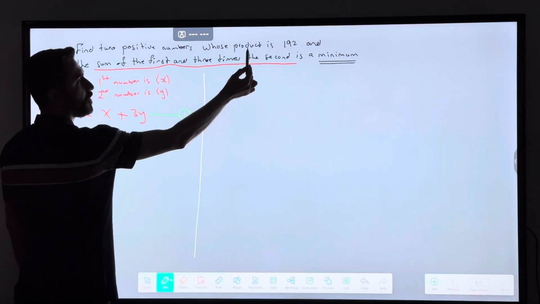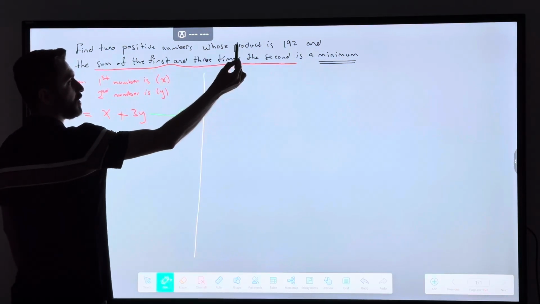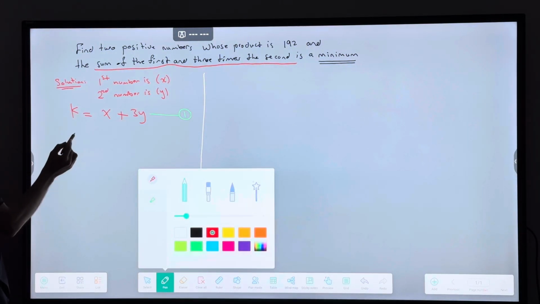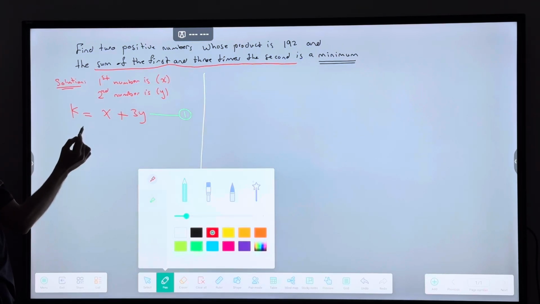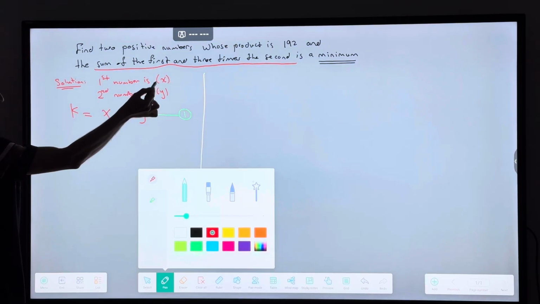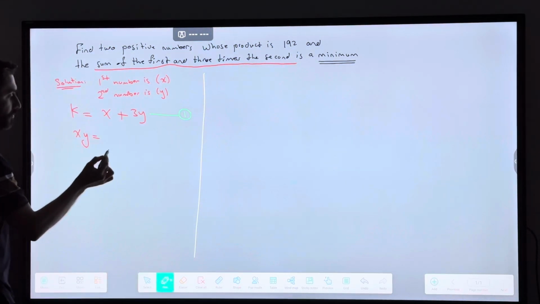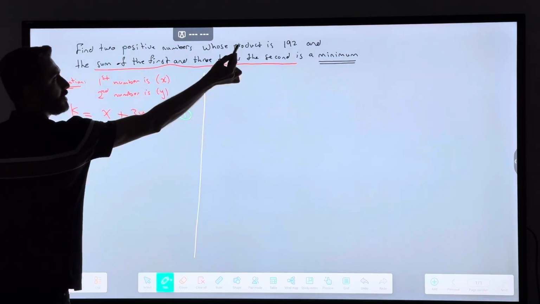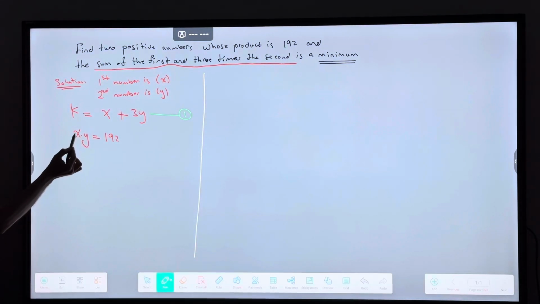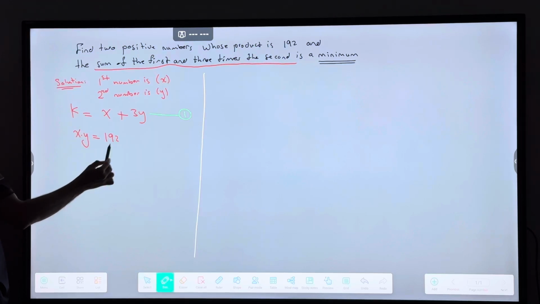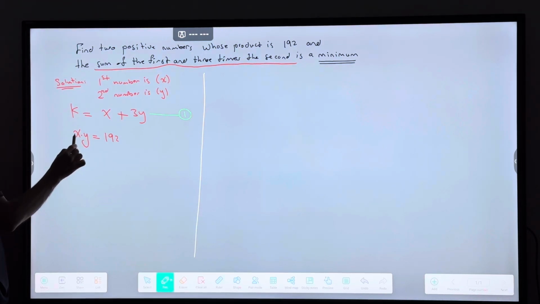The secondary equation: the product of the two numbers x and y is 192. So the first number is x, the second is y, so x times y is 192. Product means times. Now we can solve this secondary equation for x in terms of y or for y in terms of x.